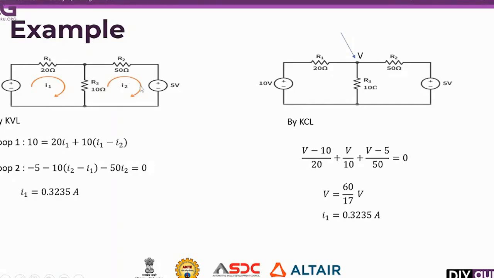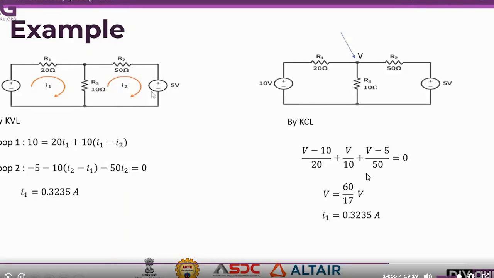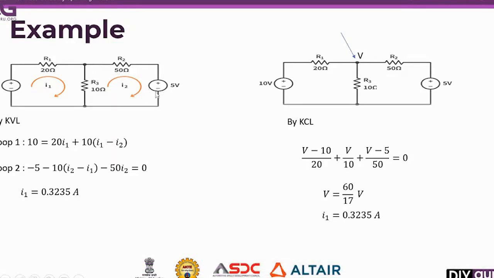So this is the current direction we have applied. So you just take the KVL also in the same direction. So the leaving polarity we will write. If you apply the KVL in this fashion, first we will get minus 5, and then minus, because current always enters at the positive terminal and leaves at the negative terminal.